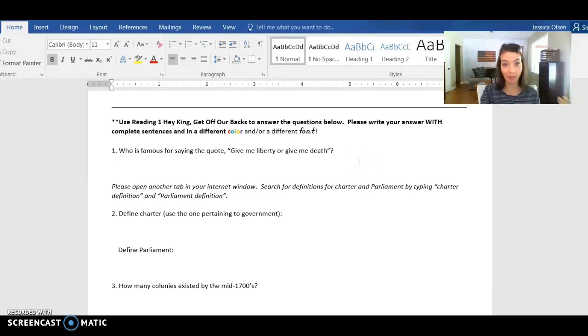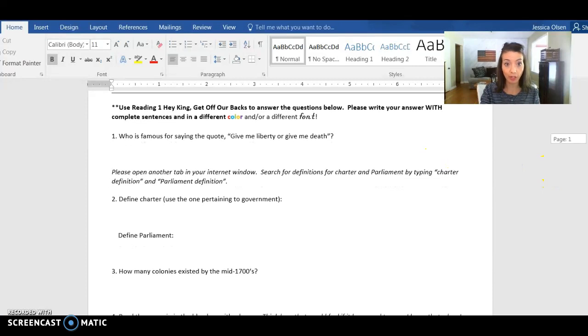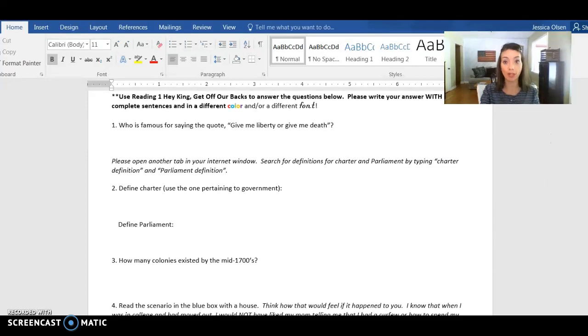You'll be able to think of them just like that without having to refer back to the reading. But I want you to be able to use the reading when you're doing these questions, okay? So you can see the first couple here, who is famous for saying the quote, "Give me liberty or give me death." That's at the top of the reading. And then here I have asked you to actually open up another internet window to help you do these definitions.